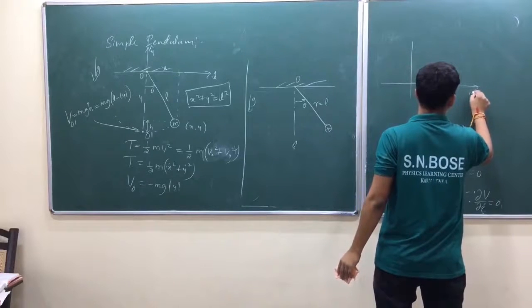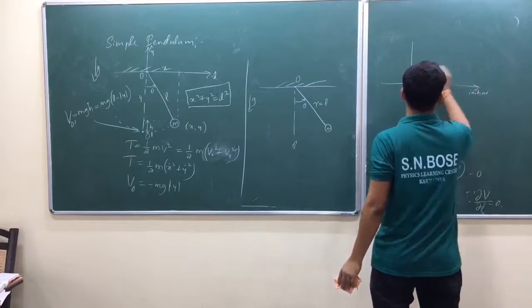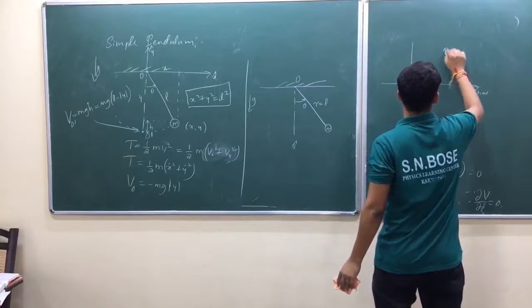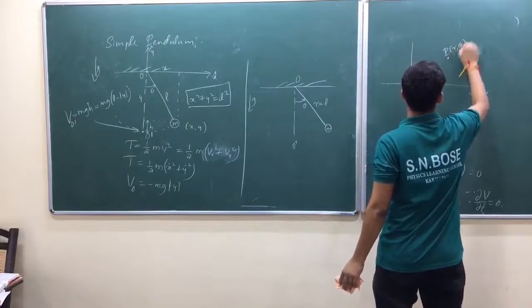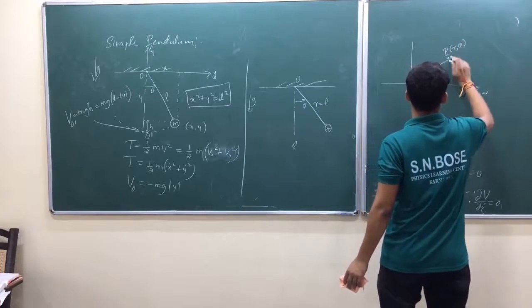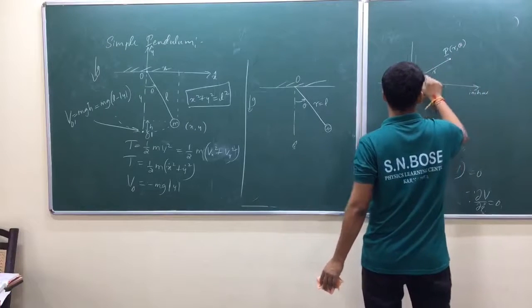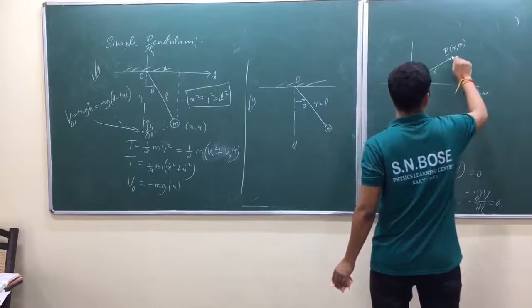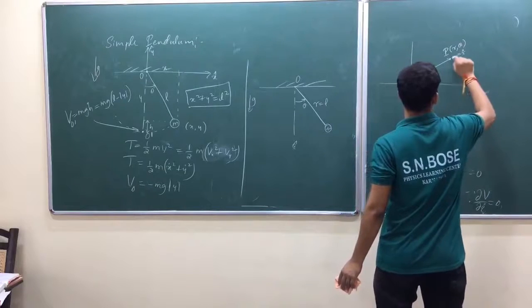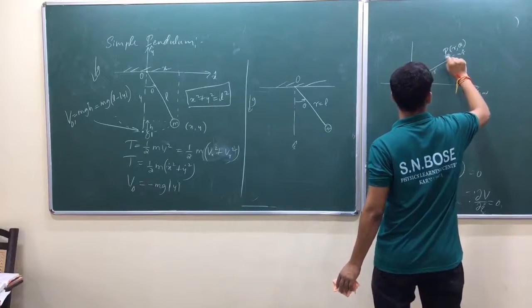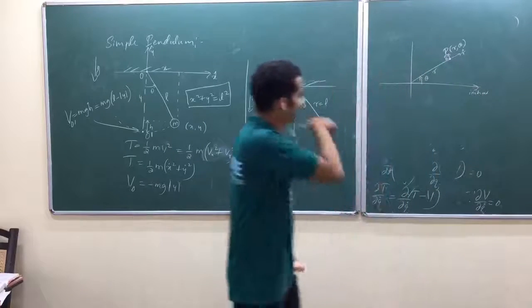So this is the initial line, and if you have any point P here, it should be written as r comma theta. This is r, this is theta, this is r cap, and this is theta cap.